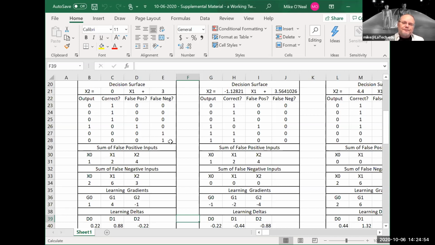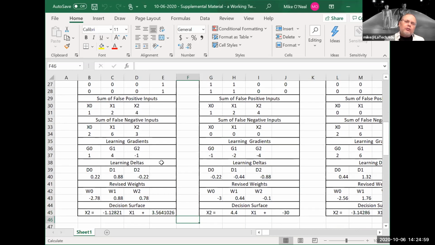False negative. So then what's the next thing you're supposed to do in your little algorithm? Well, you're supposed to compute the sum of the false positives. There's only one false positive, so that's x1. So that's 1,2,4. There are 2 false negatives. You sum up the inputs. Where do those inputs come from?